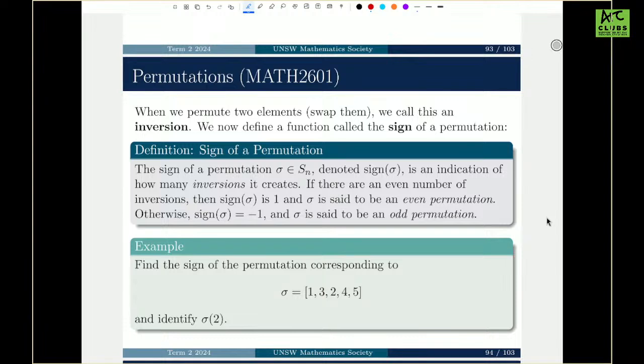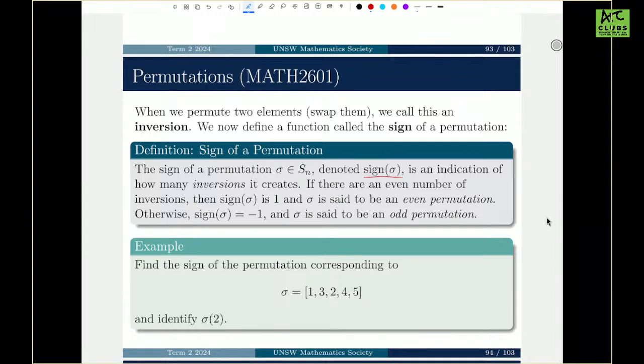Now we are fully equipped to define the sign of a permutation. If we have some permutation sigma in the permutation group, so one of the possible permutations you can make out of a set of n elements, we denote the sign of sigma, genius naming convention here.